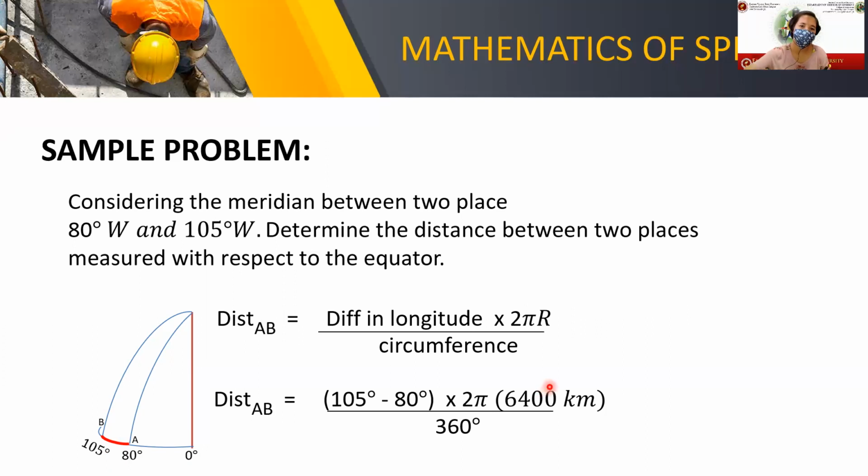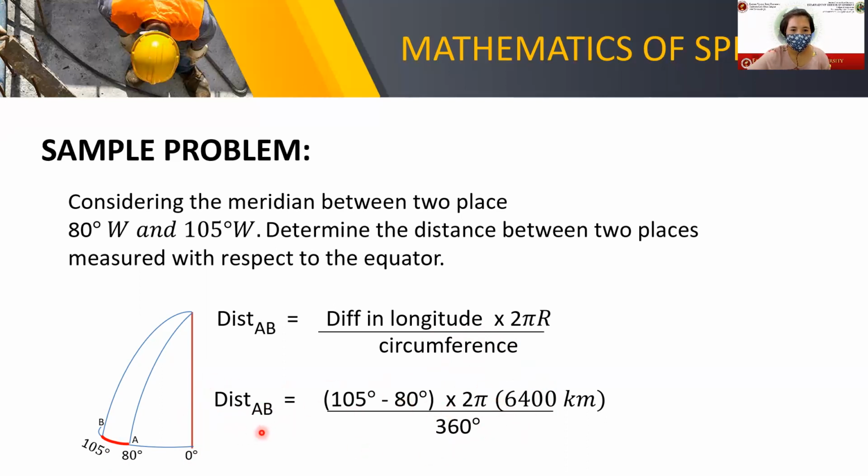This is very close, and some of the sample problems use this value as the radius of the Earth. Okay, so why is the circumference equal to 360 degrees? This is because it is on the equator, so one revolution along the equator is 360 degrees. So just simplify this.